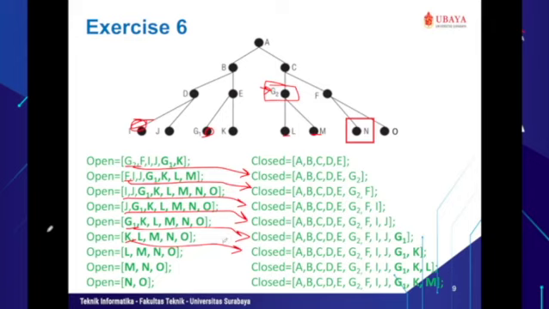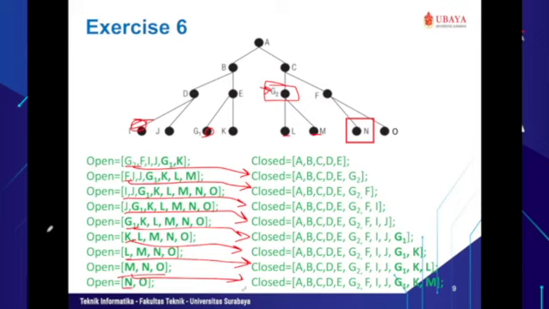Again, L and M don't have any other child node. So step by step, I'm moving L, and then I move M, from the open list to the closed list. And then after that, we get back here to N. Since N is already in the front of our open list, and it is the goal state that we want to reach, we don't need to put this node N back to the closed list.